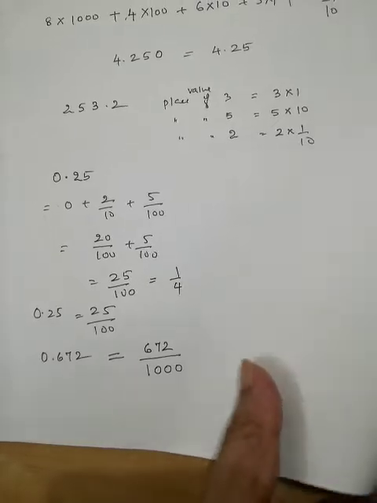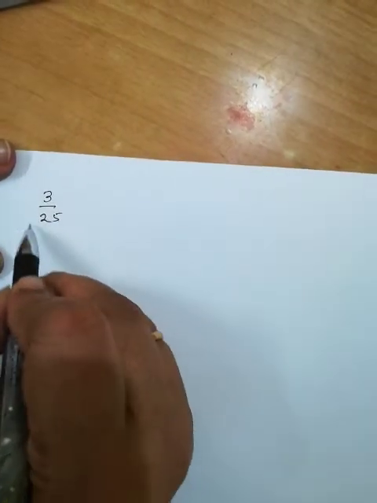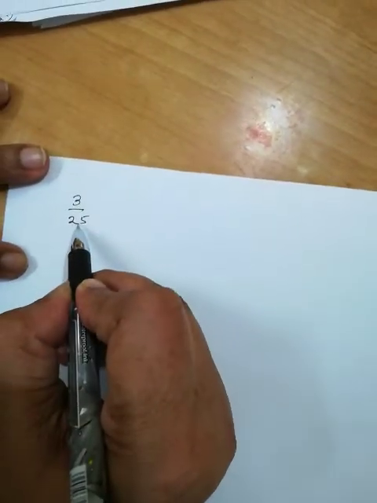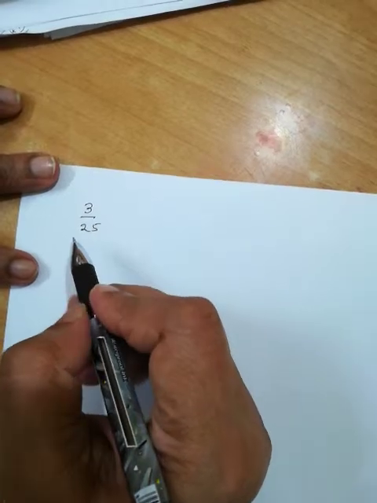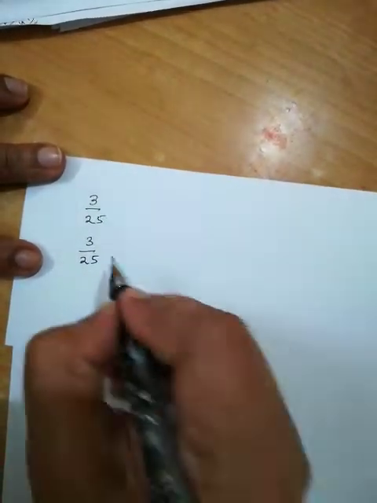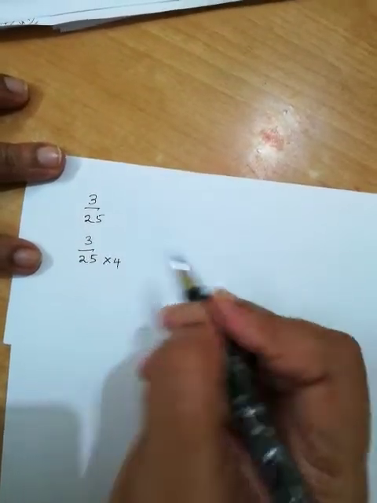Okay. Now let us see how to express a fraction as a decimal. Suppose you have 3 by 25. This you have to change into decimal. What we have to do is make the denominator a multiple of 10. 25 cannot be made 10, but you can make it 100. So equivalent fraction, which we have learnt in fractions, we'll multiply by 4 so that it will become 100, which is a multiple of 10.